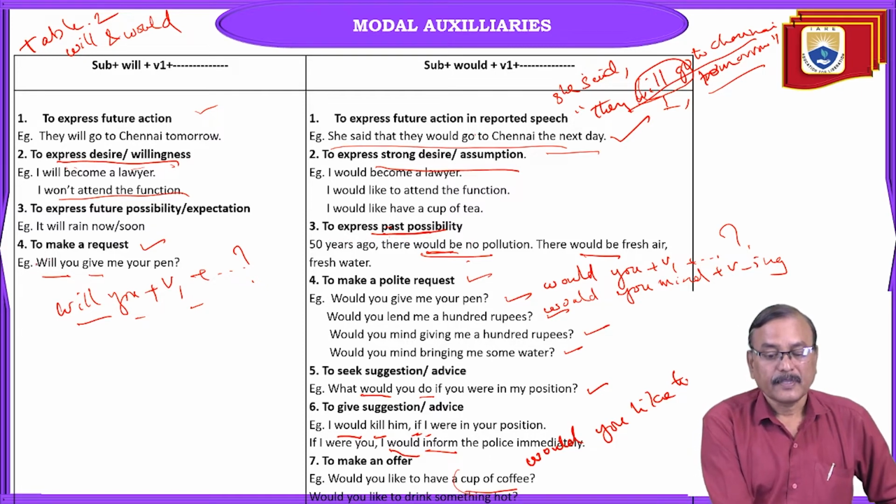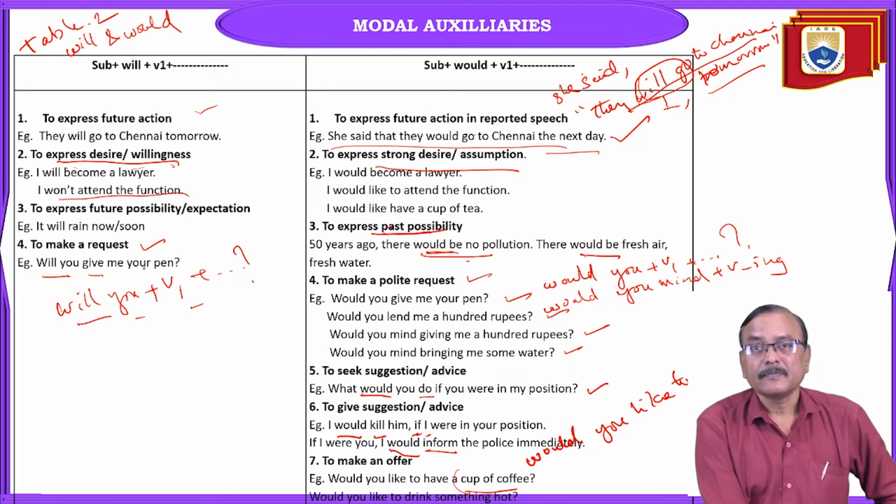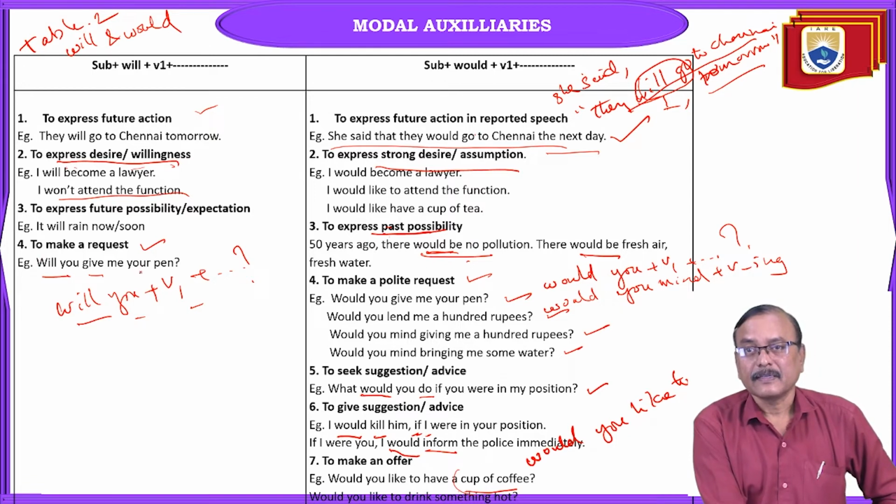And the fourth one: will plus V1 is used to make a request which is not very polite, whereas would you plus V1 is used to make a polite request. This would plus V1 is also used to seek suggestion. What would you do? What would you say?